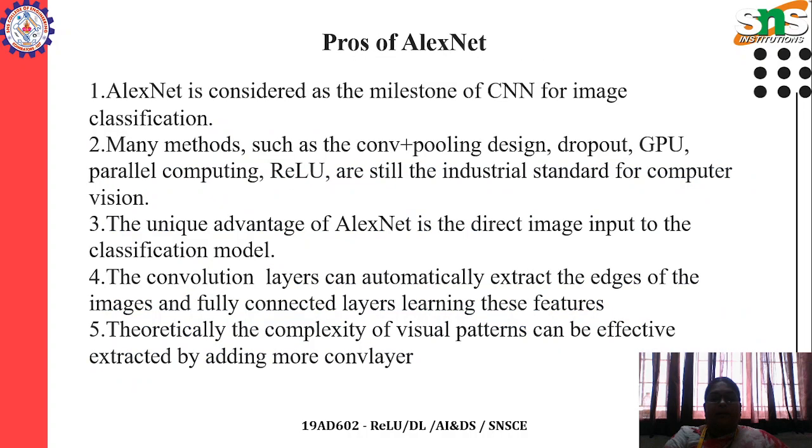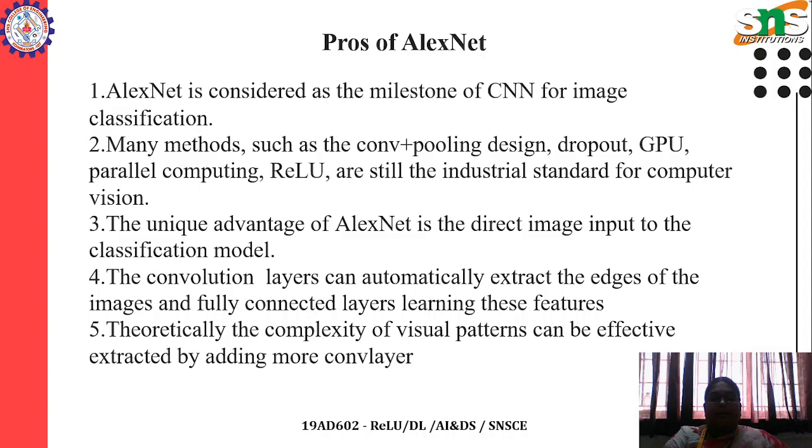Now the pros and cons of AlexNet. It is a milestone of CNNs for image classification, with convolution plus pooling design, dropout, and GPU parallel computing. Many methods are used in AlexNet.